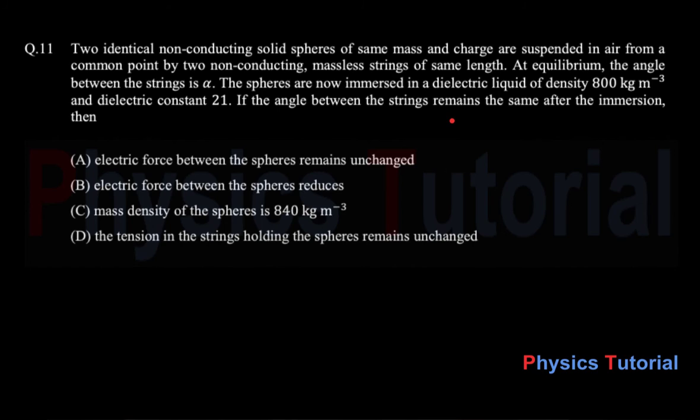If the angle between the strings remains the same after immersion, then the first option is the electric force between the spheres remains unchanged. Electric force between the spheres reduces, and mass density of the spheres is 840 kg per meter cube. The tension in the strings holding the spheres remains unchanged. So let's go ahead for the solution.